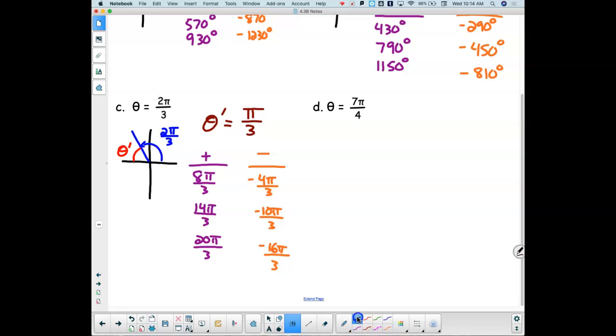7 pi over 4 is there. Reference angle would be there. So my theta prime is pi over 4.